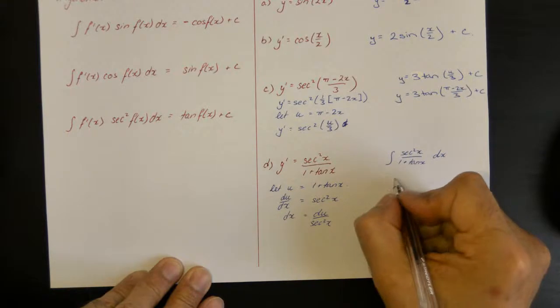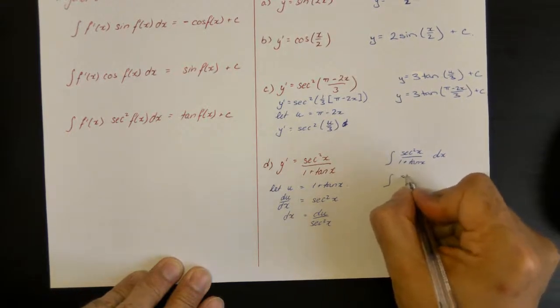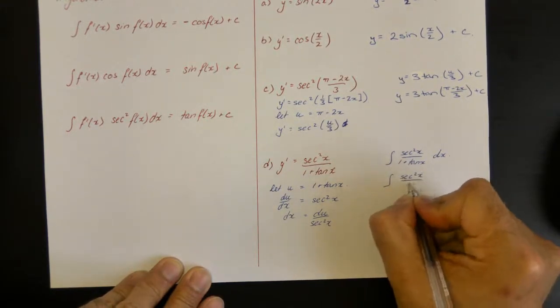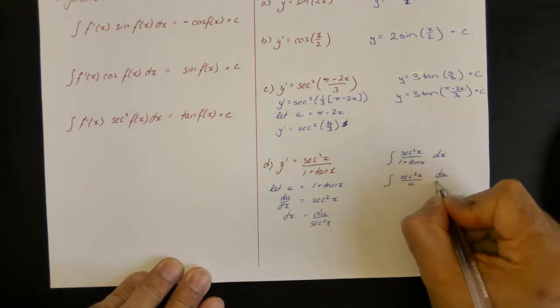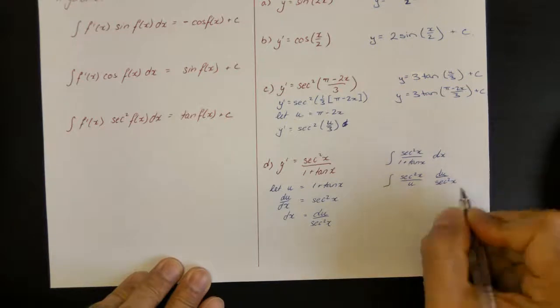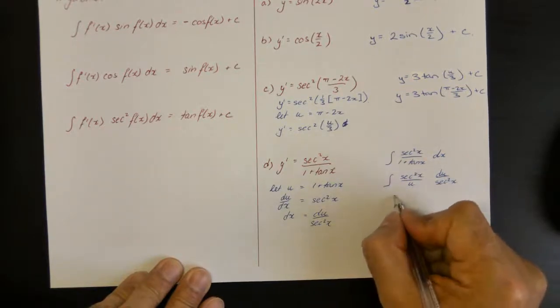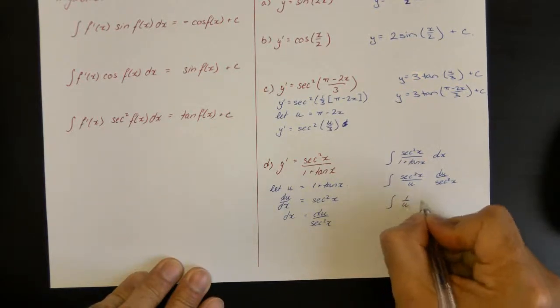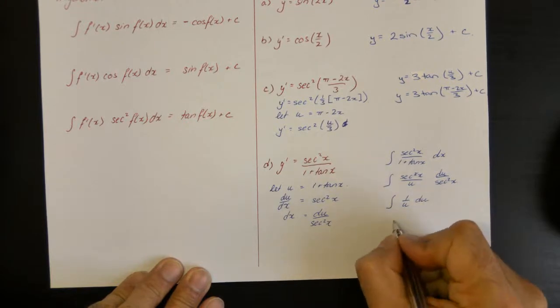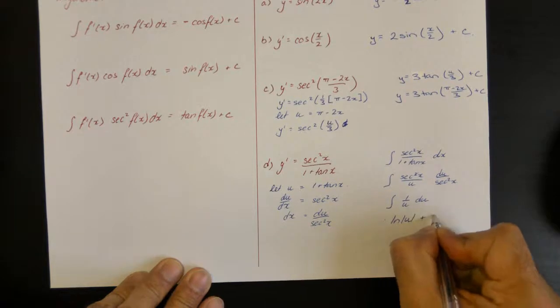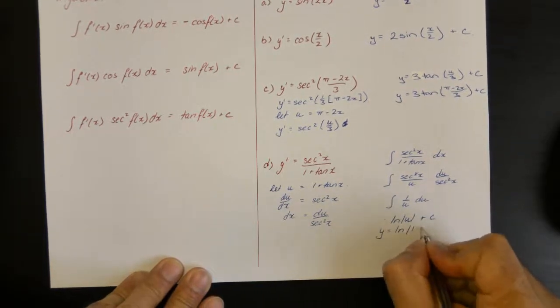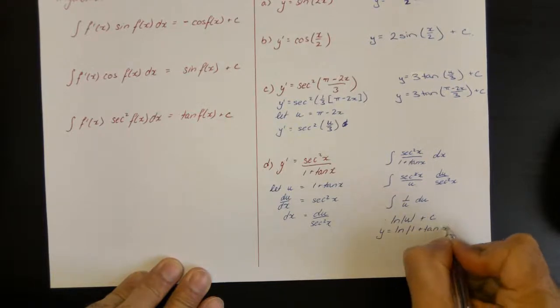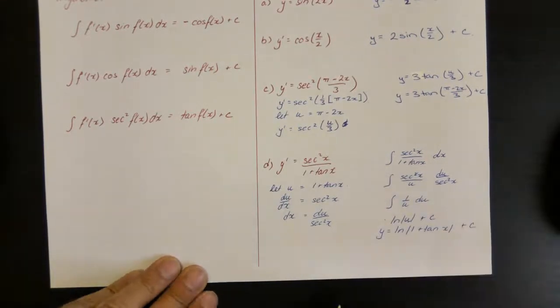Right, so if I was to place in that substitution, I get over u. Now dx is du over sec squared. These cancel out, leaving me the integral of 1 over u du. And we know that that's going to be log of u plus c. So the primitive is log of 1 plus tan x plus c.